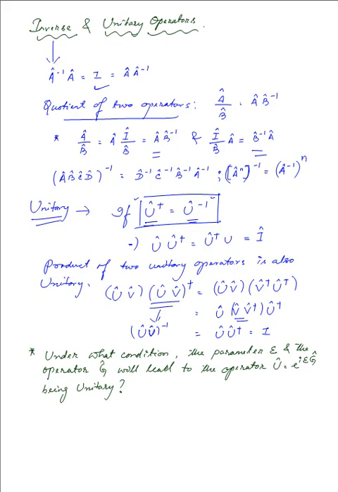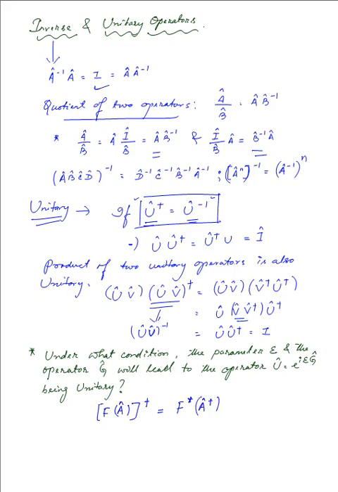Now we have just studied the case of a function of an operator. So we have the condition that f of A, when we take the adjoint of it, is equal to the conjugate of f of the adjoint of A.